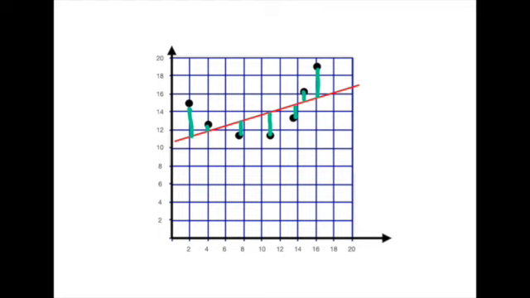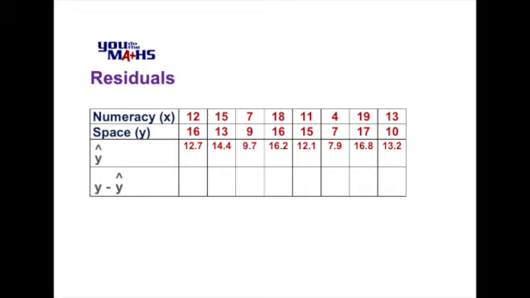We can also examine the residuals via a table. Here is our original table in the first two rows for the numeracy and space scores. And then you'll see in the third row the predicted Y scores or predicted space scores based on our line of best fit. To calculate the residuals, we calculate the difference between Y and Y hat, or in words, the difference between the actual score and the predicted score.